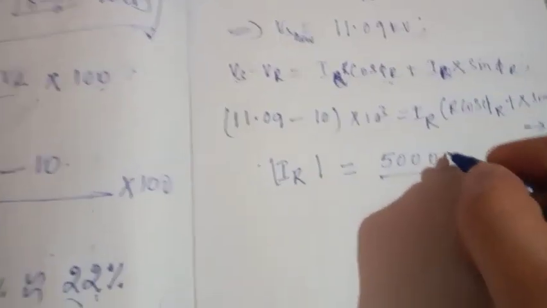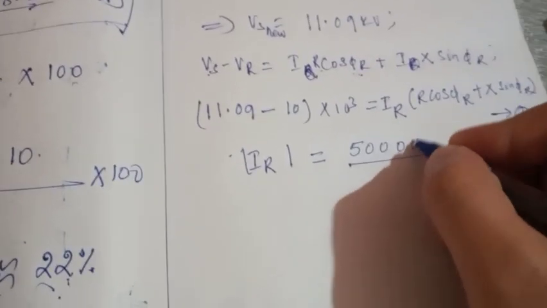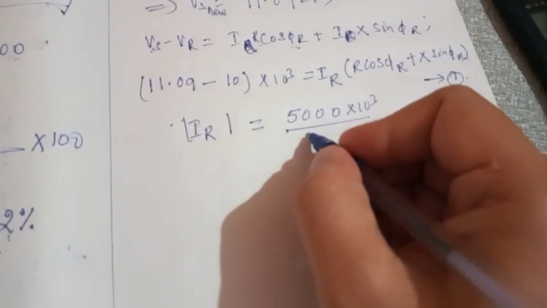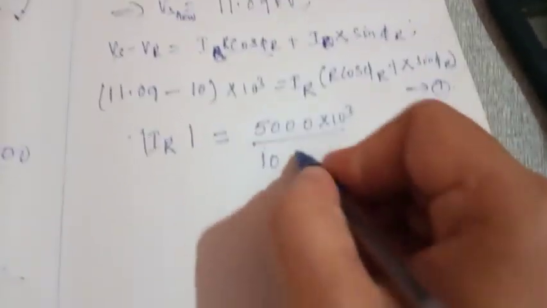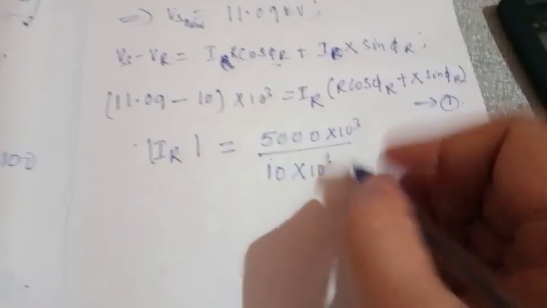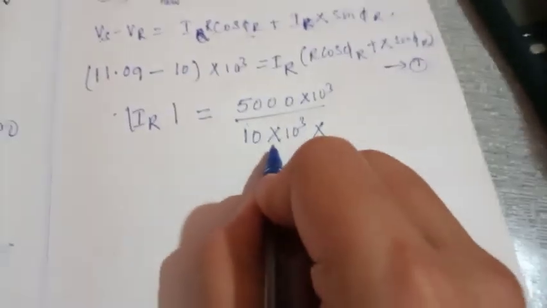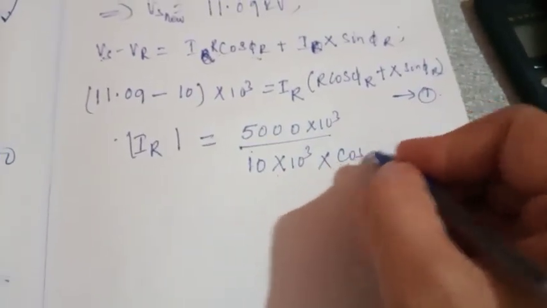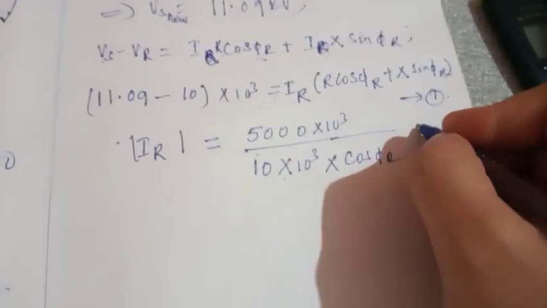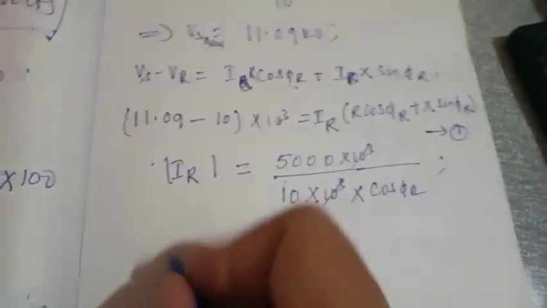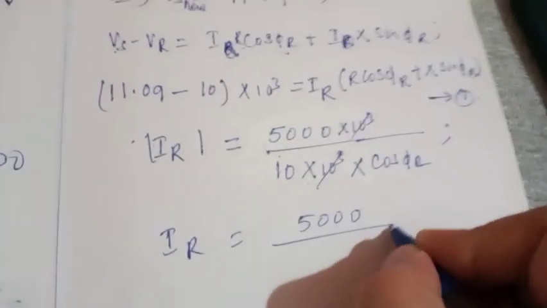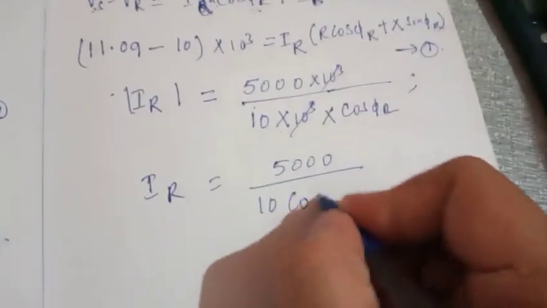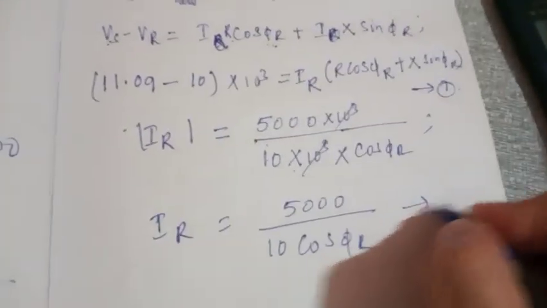So IR is equal to 5000 kilo into 10 to the power of 3 divided by VR into cos phi r, where the receiving end voltage is 10 into 10 to the power of 3. The 10 to the power of 3 cancels. IR is equal to 5000 divided by 10 cos phi r. Mark this as equation number 2.